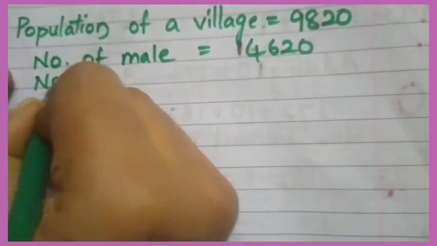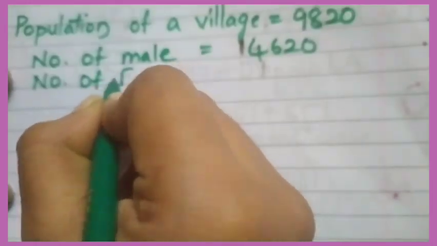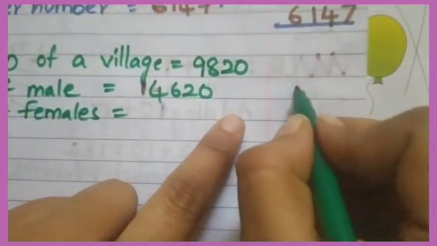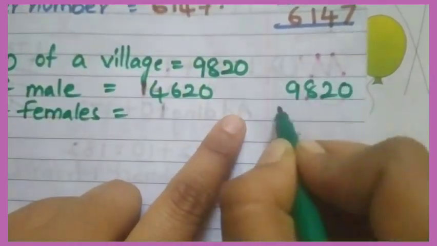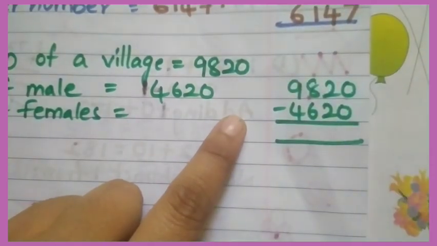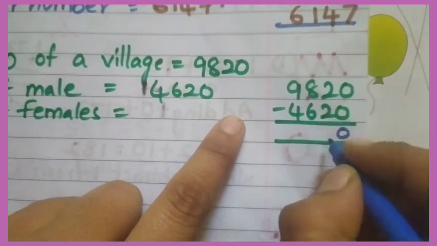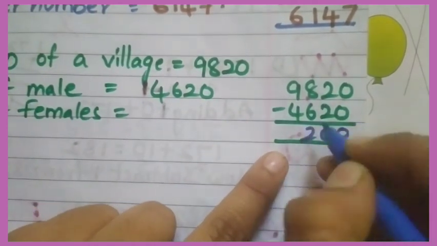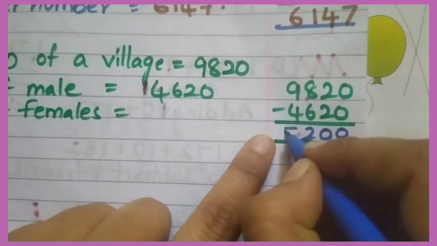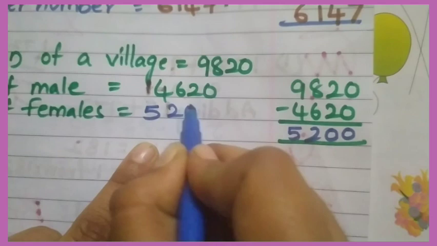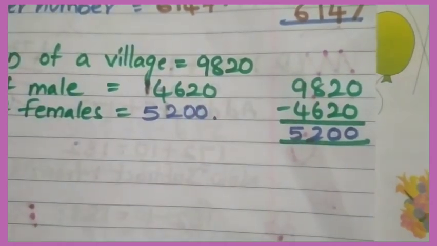We have to find number of females. Now subtract 9820 minus 4620. 0 minus 0, 0. 2 minus 2, 0. 8 minus 6, 2. 9 minus 4, 5. Therefore 5200 females are there. Okay.